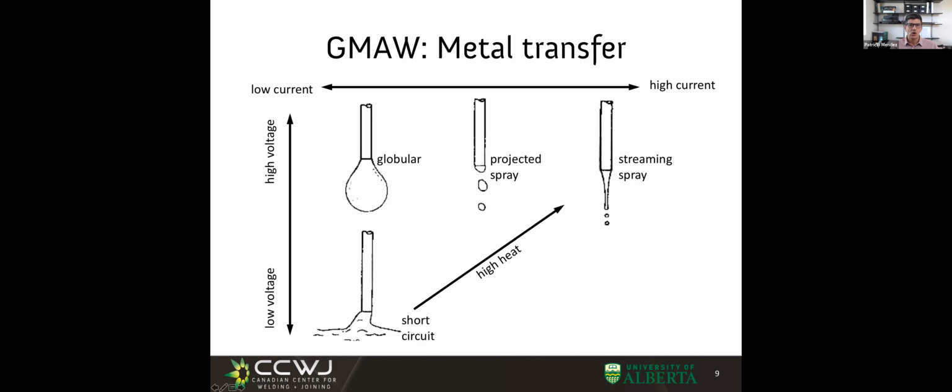So I would have low heat. And if I have high current and a high voltage, as in the case of streaming spray, I would have high heat, right? So streaming spray would be good for deep penetration welds. Short circuit would be good for welds on sheet.